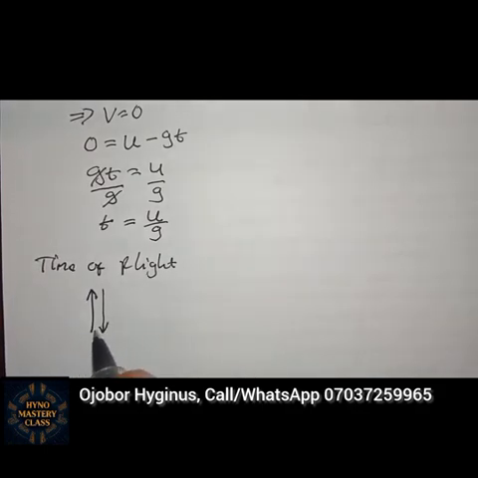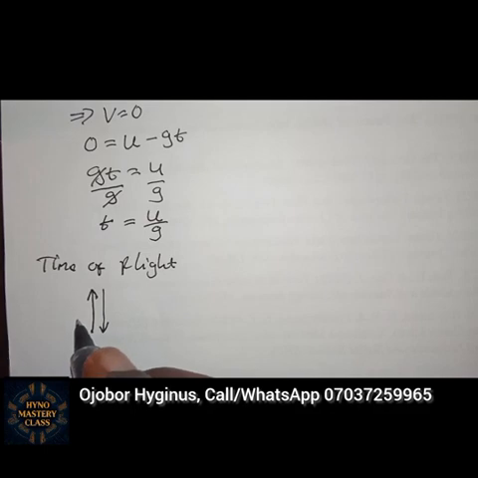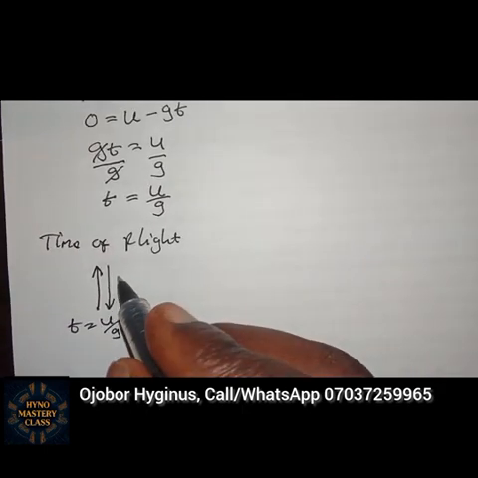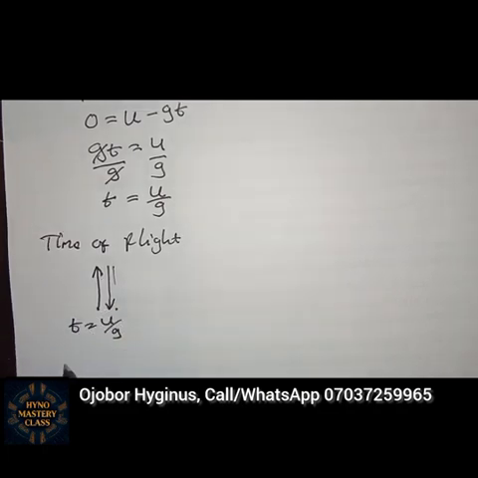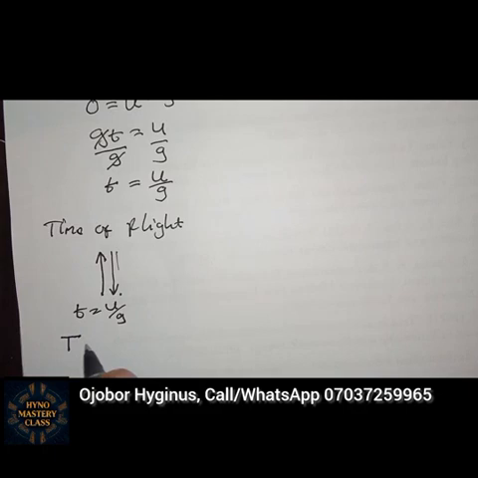And if that happens, we said that the time it took the object to get from this point to that height is u over g. So it will still take the object the same t, small letter t, to get from that height down again. Time of flight is represented with capital letter T.